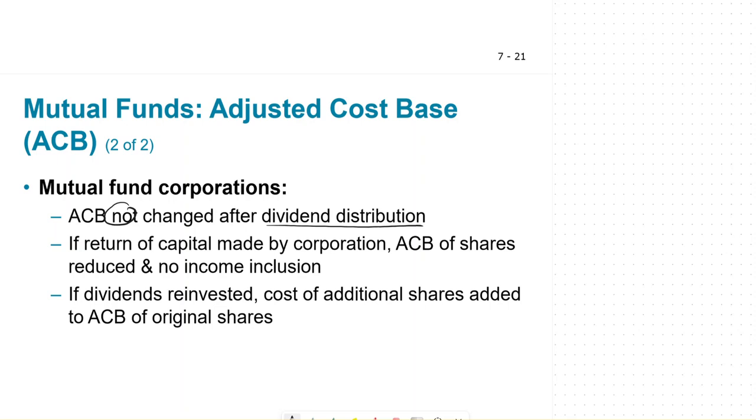If there is a return of capital made by the corporation, the ACB of the shares is reduced, with no income inclusion. If the dividends are reinvested, the company pays you dividends and that dividend gets reinvested into the company. The cost of the additional shares is added to the ACB of the original shares, so you have the ACB from the old shares plus the ACB of the new shares purchased through the reinvested dividend.